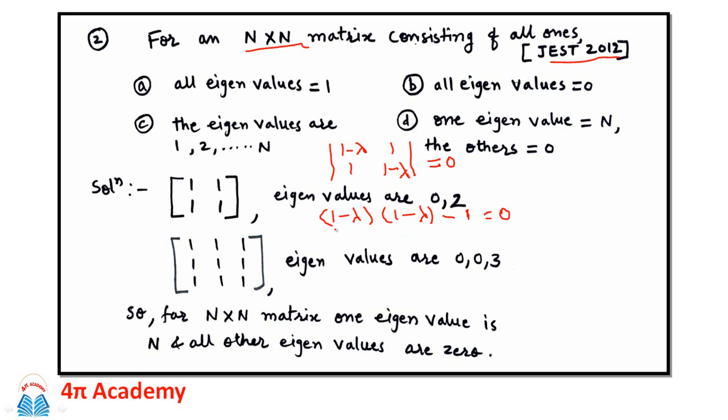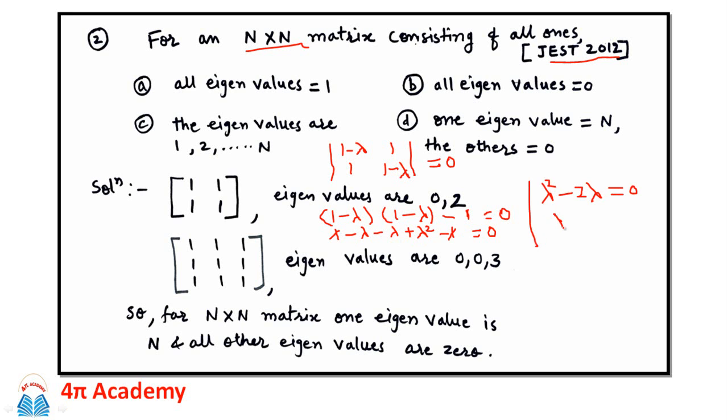So this is equal to 1 into 1 is 1, then minus lambda minus lambda plus lambda square minus 1 is equal to 0. So this 1 and this 1 go off, and we have the equation lambda square minus 2 lambda is equal to 0.